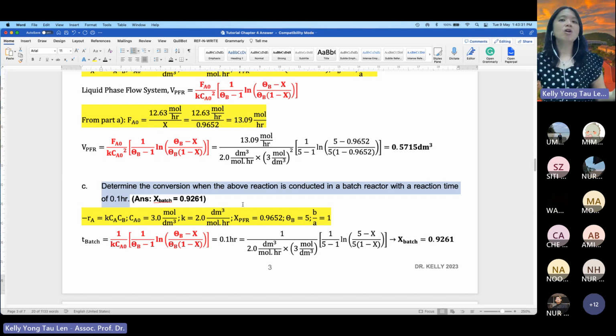Liquid phase with the rate law minus RA equals KCACB.